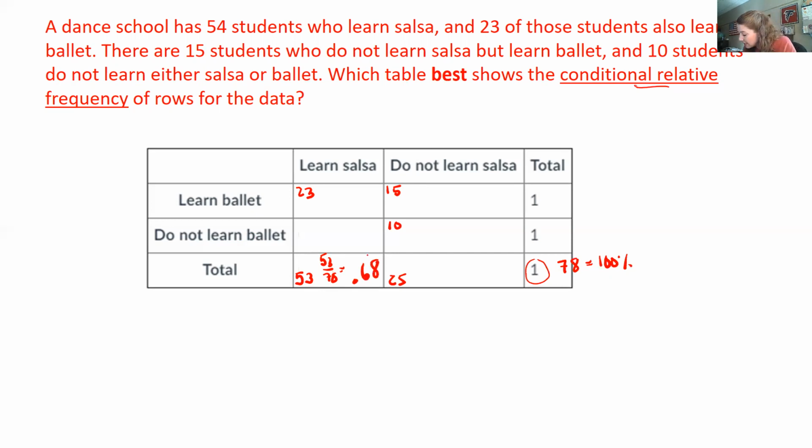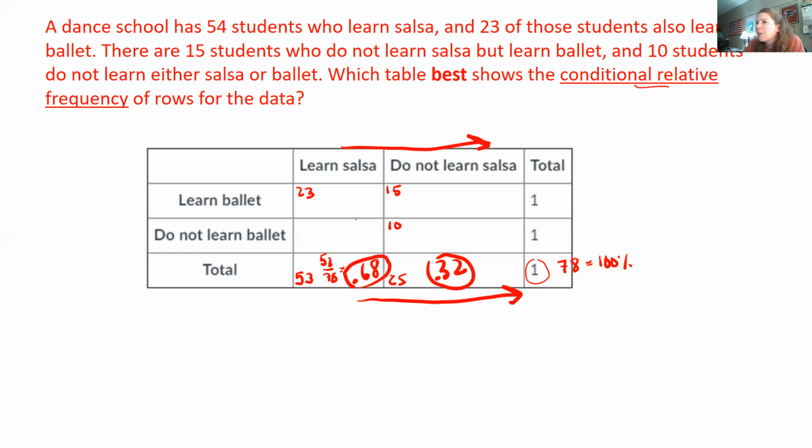So 0.68, and 25 out of 78 is 0.32. Well, there's our 100%, isn't it? 68% and 32%. And that's where we're getting our 100%. So there, our rows are going to go this way.